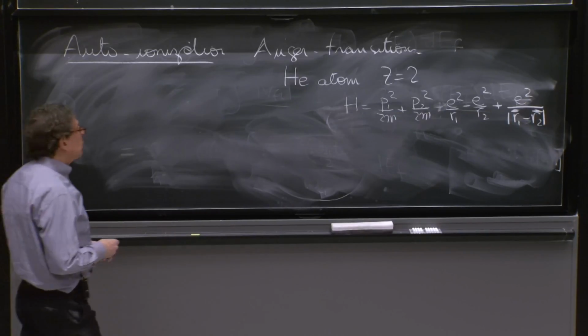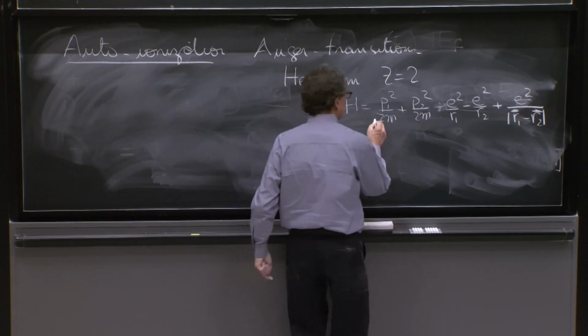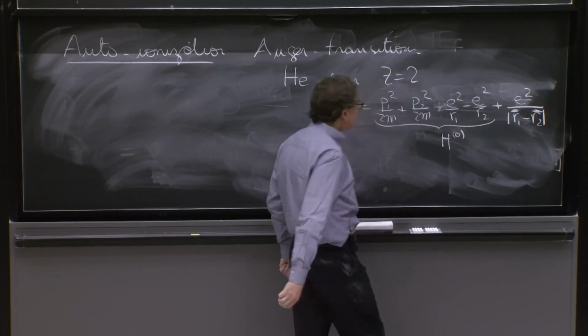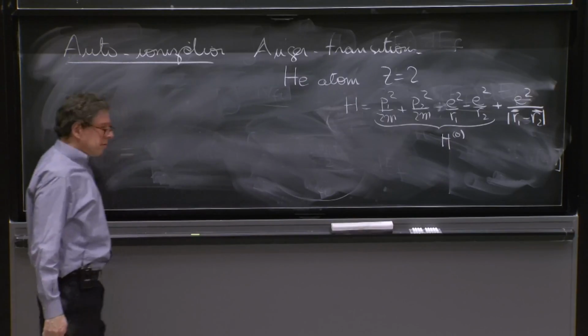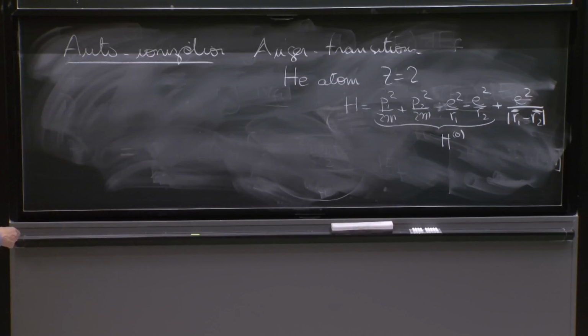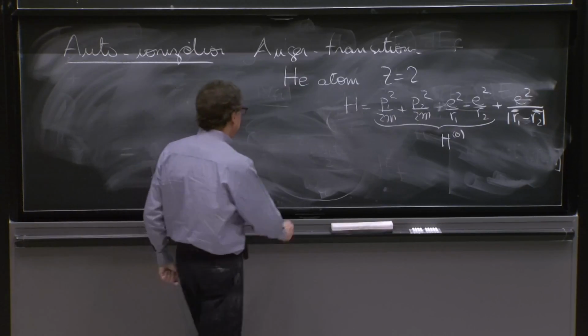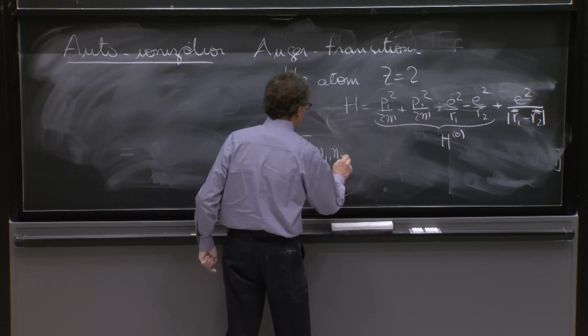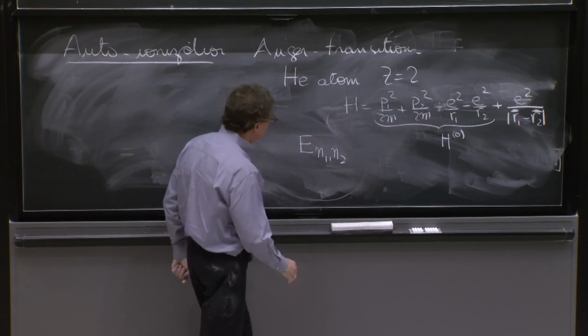And let's assume this is H0, and let's consider states of this Hamiltonian H0. So these are hydrogenic states. We treat each electron independently, and therefore the energy levels E are defined by two principal quantum numbers, n1 and n2.